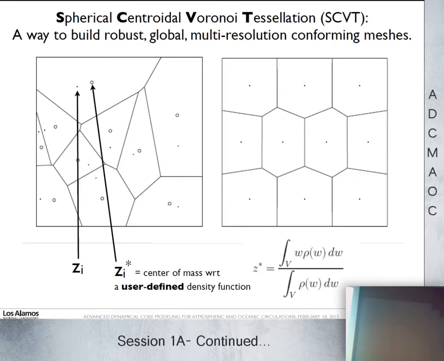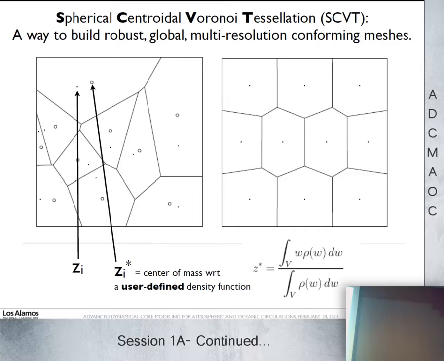Okay, so more about this. Here we've taken a two-dimensional space, and we've randomly populated it with these small dots. Then we've gone through this definition of a Voronoi tessellation, and we get these boundaries. For instance, this boundary here is the set of all points that are closer to this generator than to any of these other small dots.